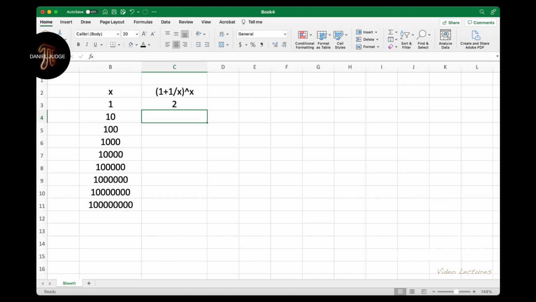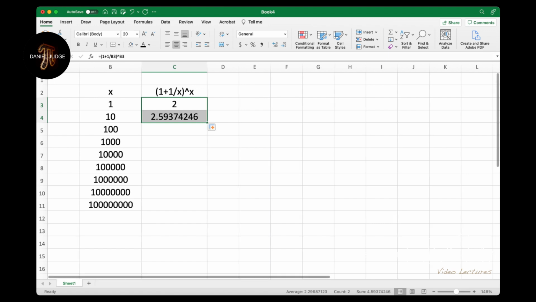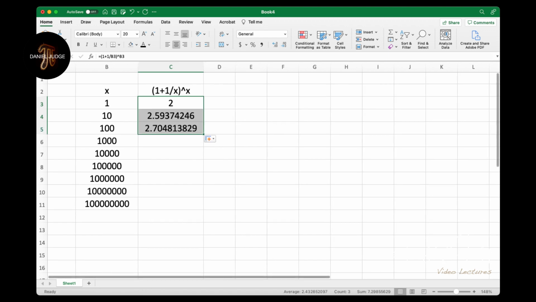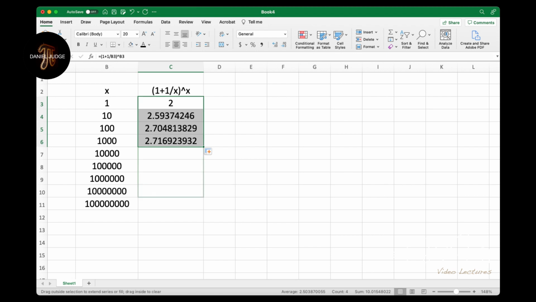And that's 2. So when X is 1, the mechanism 1 plus 1 over X to the X is actually 2. Let's see what happens when X is 10. The number's 2.593 and so on. X is getting bigger because N is getting bigger.